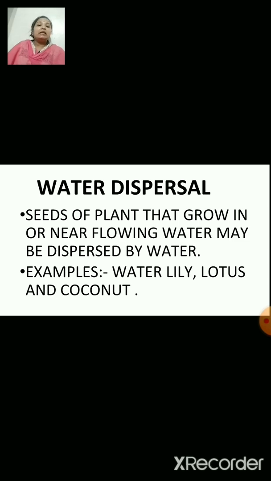This makes it light and easy to float, and the seed and the fruit are carried by water to far away places. In this way, we saw that the seeds of plants which grow in or near flowing water will be dispersed by water.